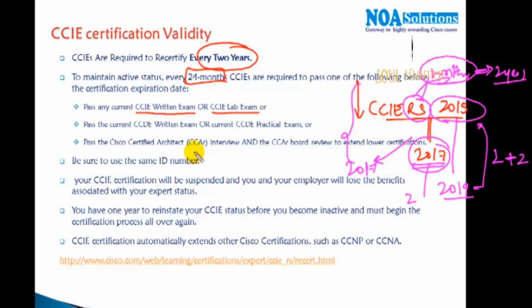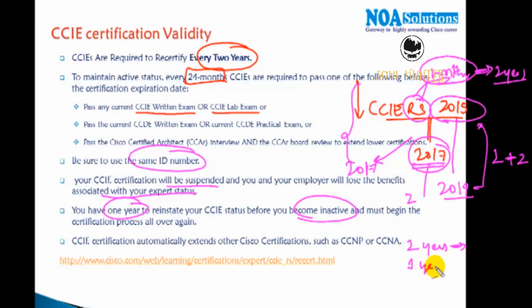Make sure that you use the same ID number each time you book your exams, otherwise your certification will be suspended and you or your employer will lose the benefits of the associated expert status. You have a 1 year grace or reinstatement period where your certification will be referred to as inactive, which means you have 2 years, and the next 1 year will be inactive status. So after 3 years you cannot recertify again.